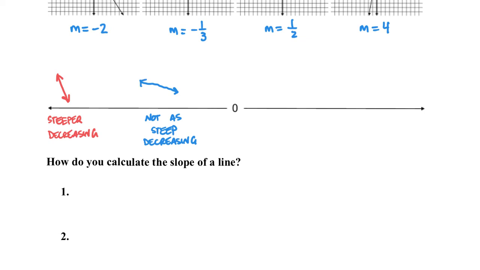Then when we get past 0, it's not as steep and increasing. So now the line is going up as we go from left to right. And then as the number gets bigger and bigger, it gets a lot steeper and it's increasing.